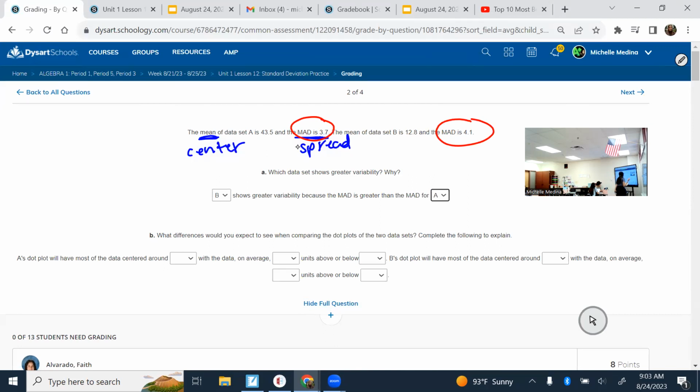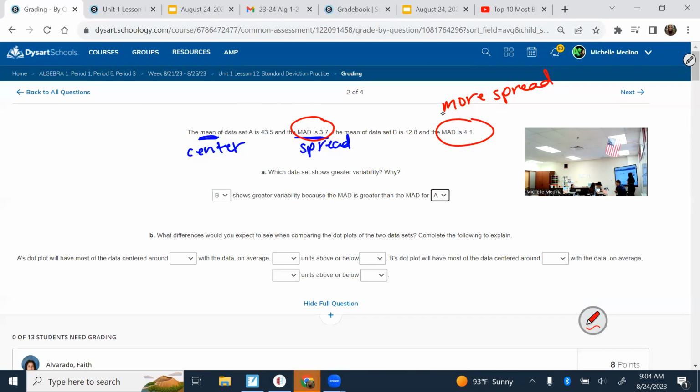Then it says, what differences would you expect to see when comparing the dot plots of the two data sets? I can tell you even before we fill this part out. Since this one has a higher MAD, it's going to be more spread out. So I can make a note of that if I want: more spread. And then it's always talking about in relation to the mean.